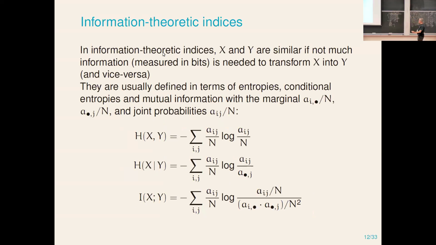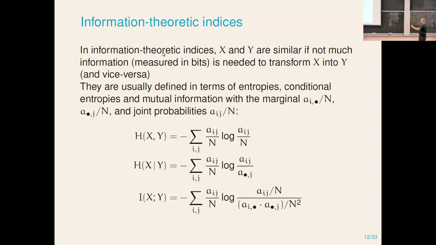Now, the information theoretic indices basically are telling us how much information I need to convert X from Y. If I'm given Y, how many bits do I need to obtain X? And vice versa. So they are usually defined in terms of the joint entropy, the entropies of X and Y, when we see the entries in the contingency matrix as probabilities.